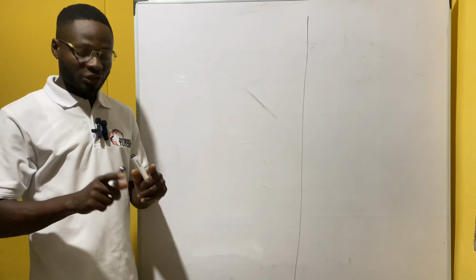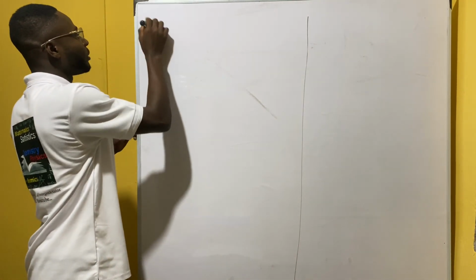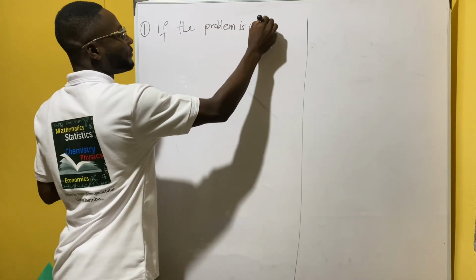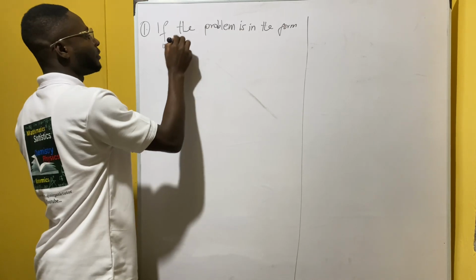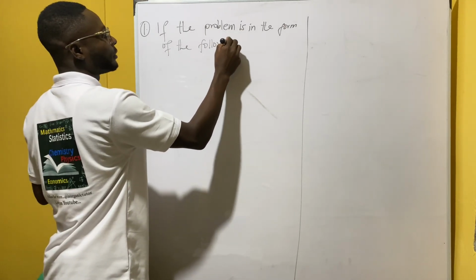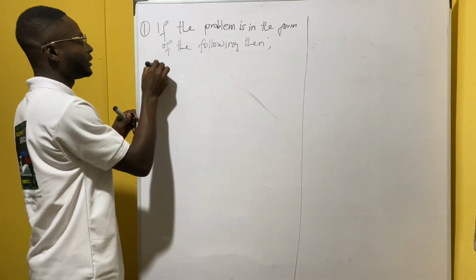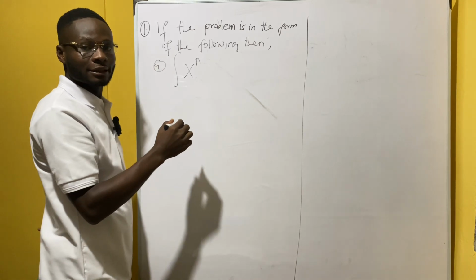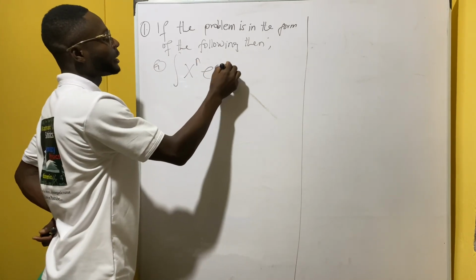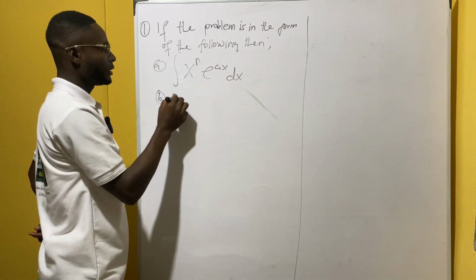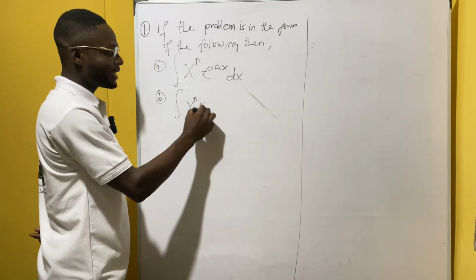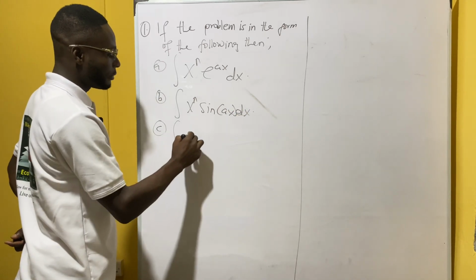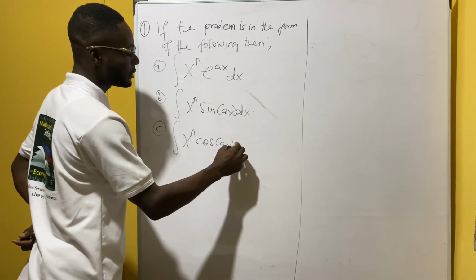The first set of rules, rule number one: if the problem is in the form of the following: a, the integral of x power n, e power ax dx; b, x power n sine ax dx; c, x power n cos ax dx.